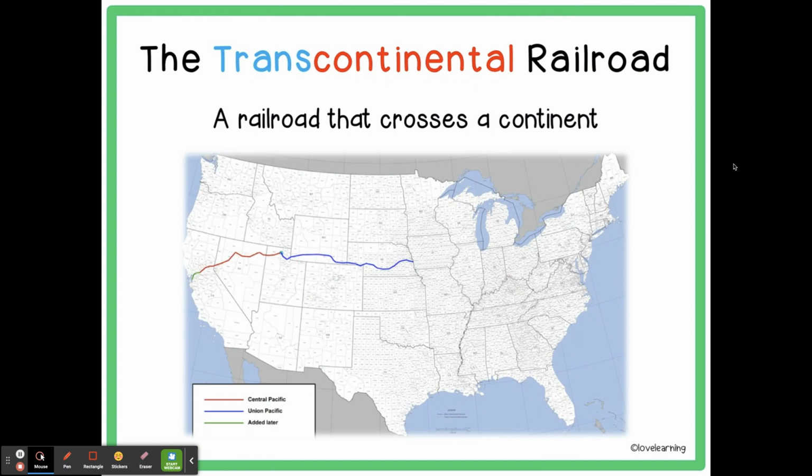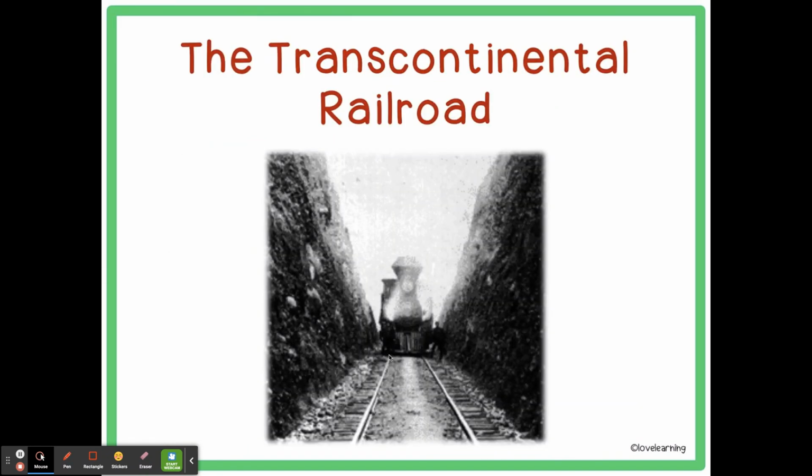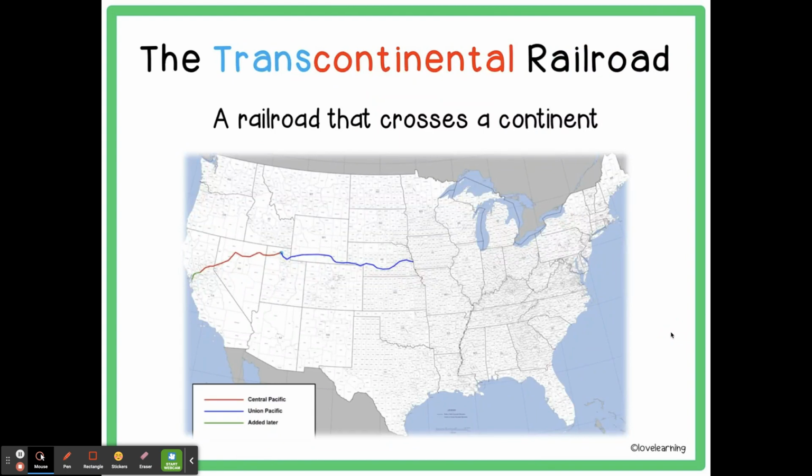First thing is we need to make sure we understand that the Transcontinental Railroad is that railroad that crosses the continent. And you can see the path that it takes. If you look at the key down here, the red line represents the Central Pacific Railroad Company. And then the blue line represents the Union Pacific Railroad Company.